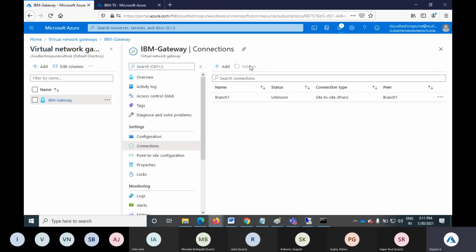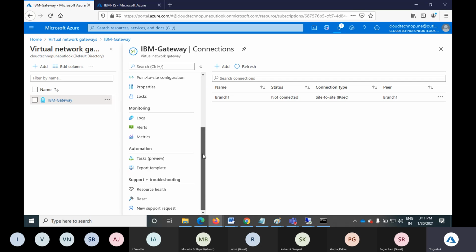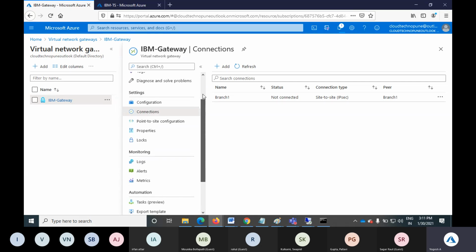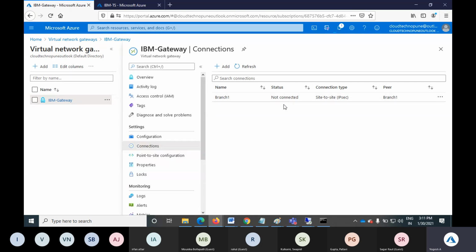No, still it is showing unknown. So tomorrow we will connect at the same time, and let me check what the problem is with the configuration. Tomorrow we'll try to complete point to site VPN. Tomorrow we are going to deploy a VPN gateway for the point to site, so at that time we'll do the same thing again.